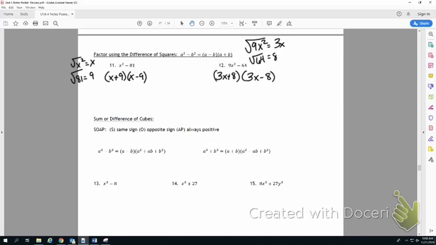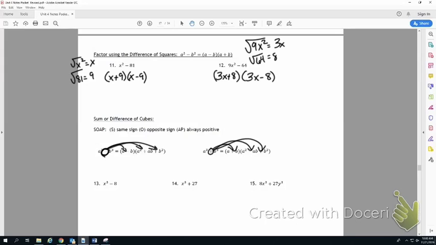If the problem is subtraction, the signs in your answer are going to be same, opposite, always positive. If it's addition, same, opposite, always positive.